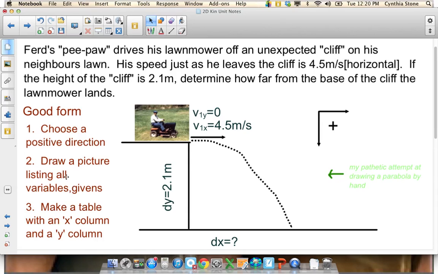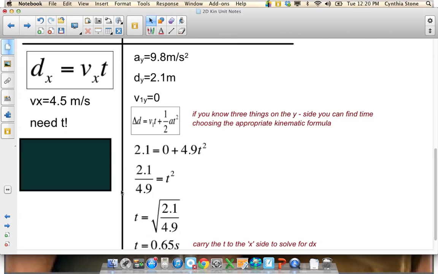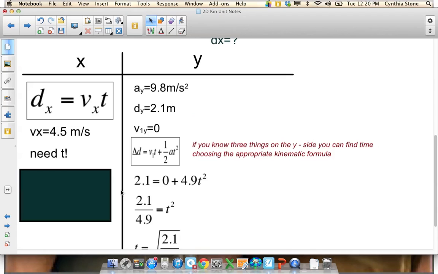So the things that you do, when I say good form, choose a positive direction, usually, especially in these easier examples, it's direction of motion in the x direction and y down. Draw a picture, list everything you know, and make a table. Okay? So if we look here at the table, in the x direction, I usually right away just write that formula because that's the only one that's going to apply.